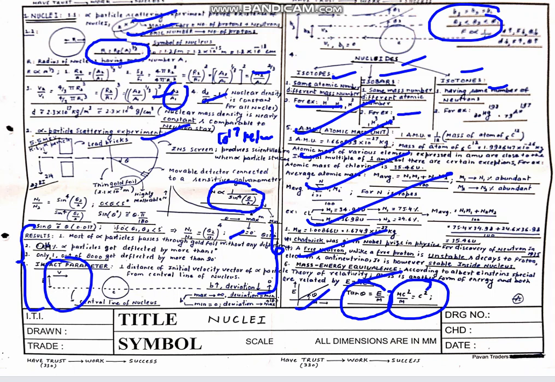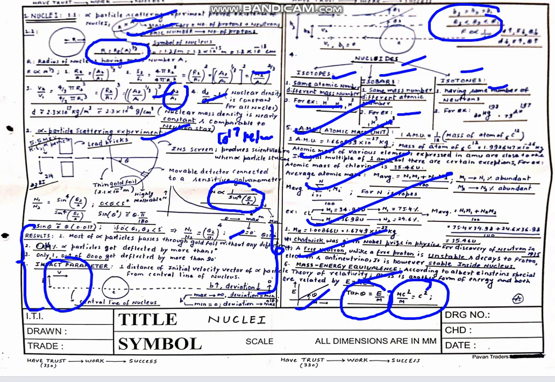So it's all about the concept of nucleus, its radius, surface area, volume, density, scattering experiment, impact parameter, nuclides, isotopes, isotones, isobars, AMU, average atomic mass, and last but not the least, the energy-mass equivalence, which is the basis of nuclear energy.